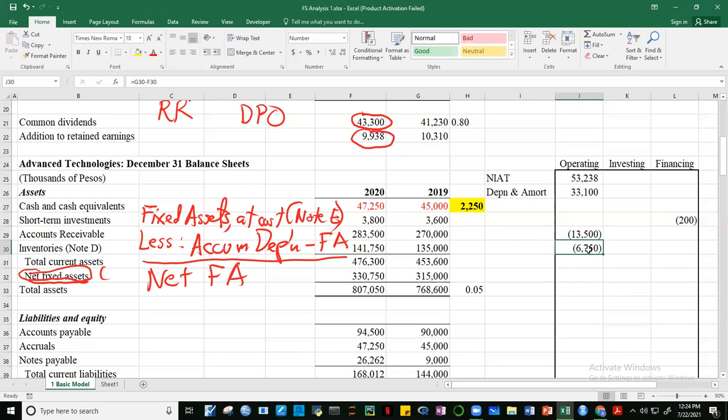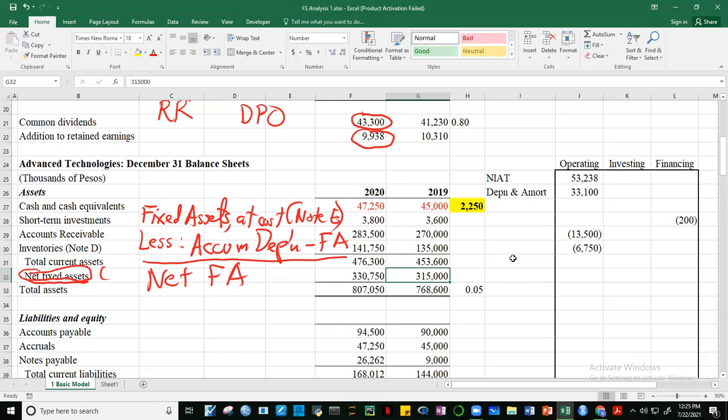Okay, dito tayo. So, total current assets, hindi na natin papansinin yan kasi we're looking at the individual assets. Net fixed assets. Okay, answer again, guys. OIF, S and U. Saan siya papasok? Tapos, S ba siya or U? Okay, yan. Very good. So, you got it, guys. It's investing. Source of cash or use of cash? 315, naging 330.